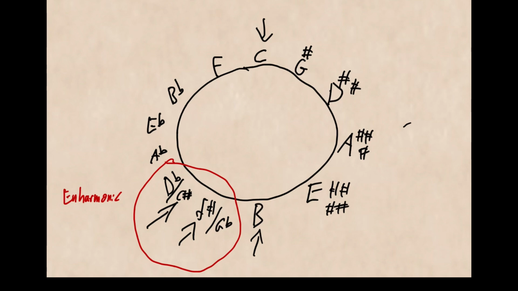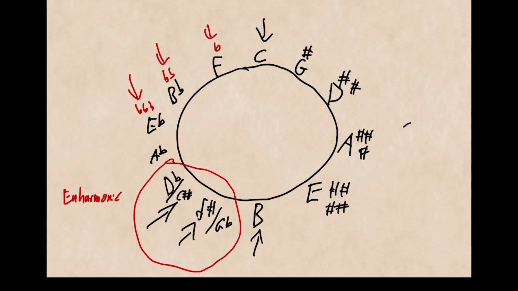As we keep going around in fifths around the circle, we get into the flat keys, and it works the same way. We're going in fifths, and we have a certain number of flats. So the key of F is 1 flat, the key of B flat is 2 flats, the key of E flat is 3 flats. And you see how this works.